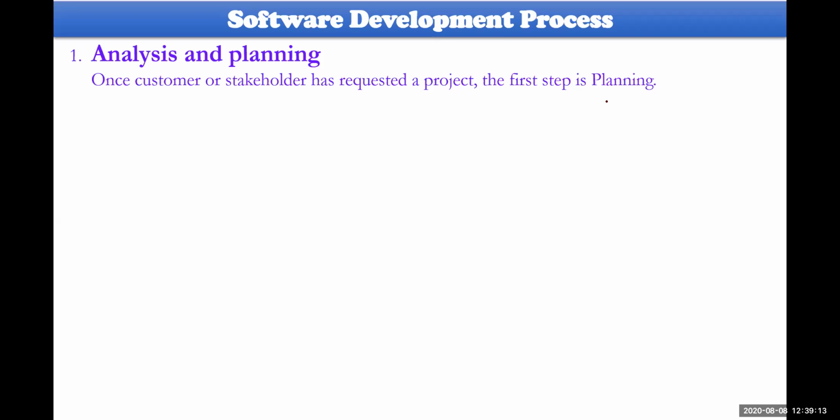If any requisition comes to you, then you sit together with your team and start working on your program development process. If you don't have any requisitions from anybody, no need to do anything. However, if any customer, client or stakeholder requests you to do the project, then the first and foremost thing will be this.